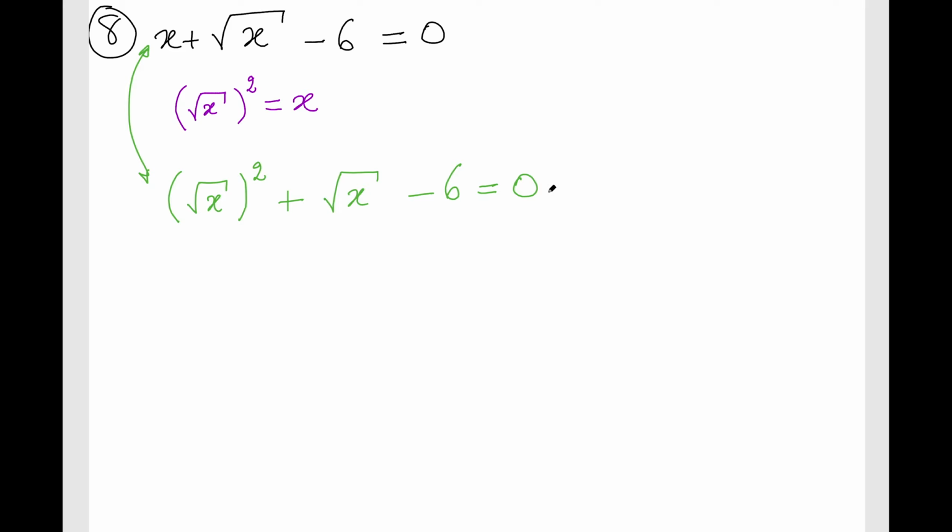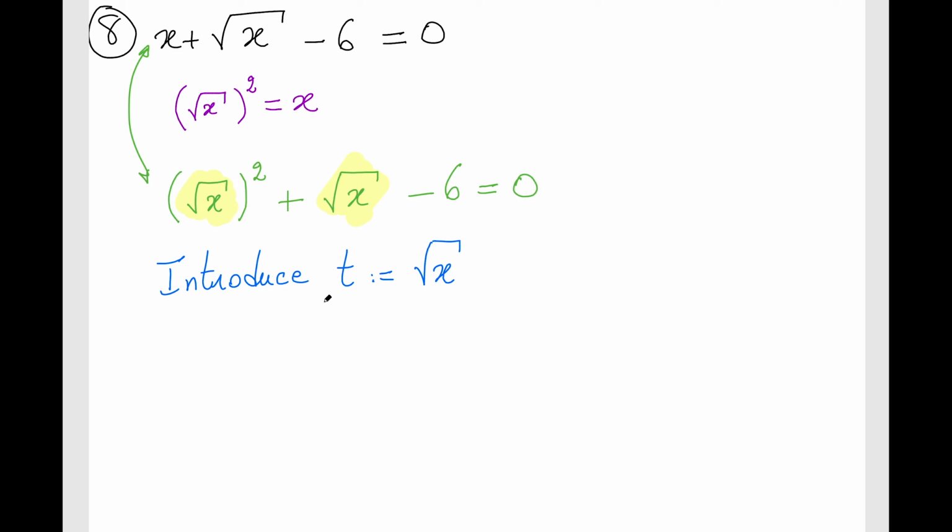All right. And now as we did above, look, this guy and this guy are the same. So if you relabel this guy, it's going to be quadratic. Let's introduce the letter, maybe y, t, z, whatever.